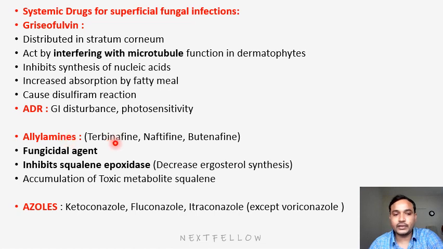These mainly inhibit squalene epoxidase, decreasing ergosterol synthesis, which is the main component of the cell membrane. Second, it will also cause toxic metabolite accumulation. When this toxic metabolite squalene accumulates, it will lead to death of the fungus. That is regarding superficial fungal infections.